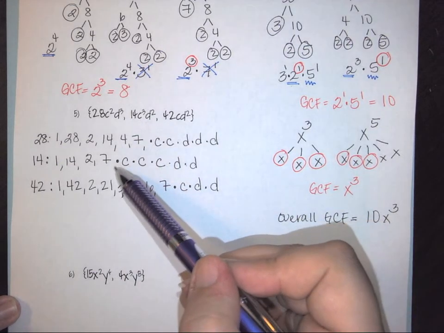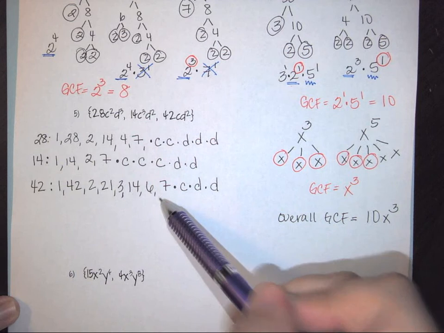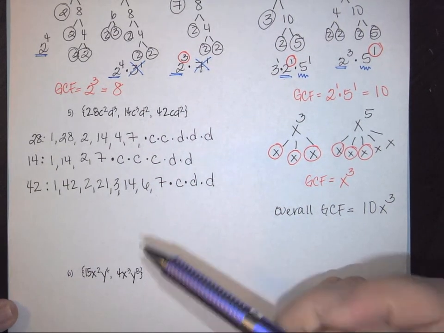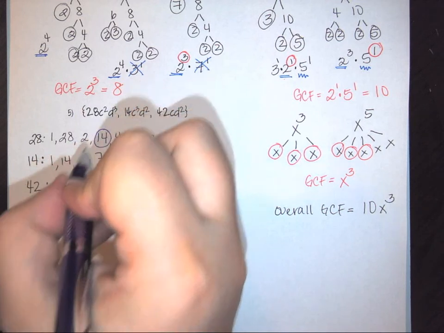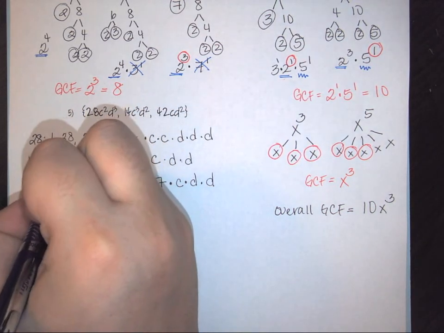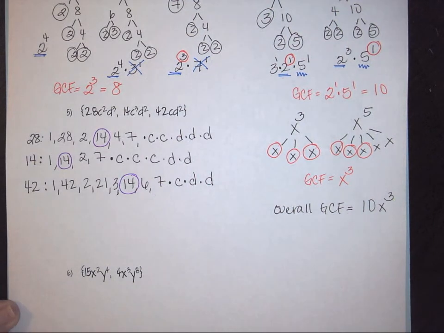I have a 4 in 1, and I have a 7 that shows up. So here we want to know the greatest. So I've got this 14 here that shows up in all 3 of my terms, therefore that would be your greatest value.